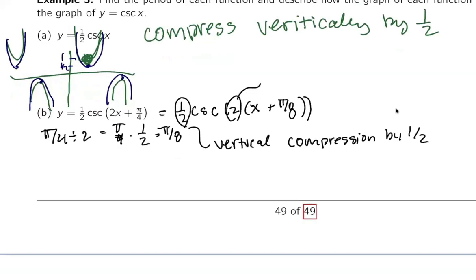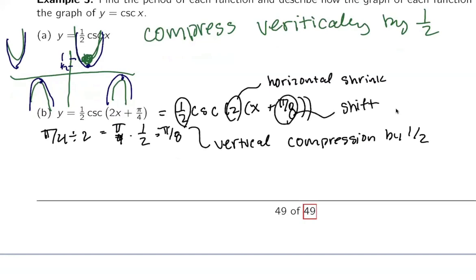This is going to change my period. This is going to be a horizontal shrink. And this is going to be a shift.